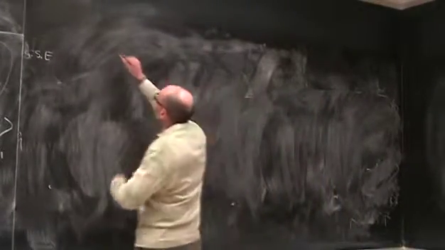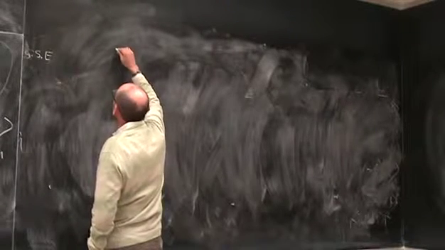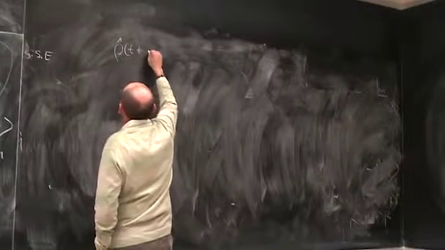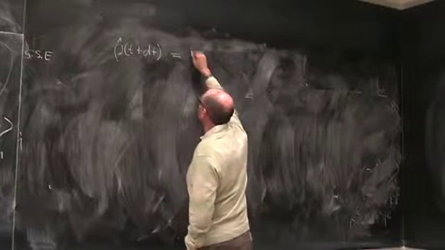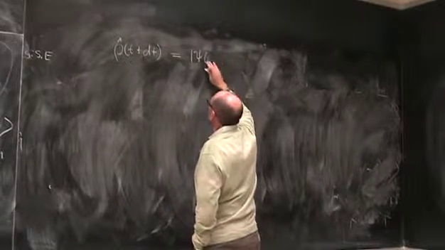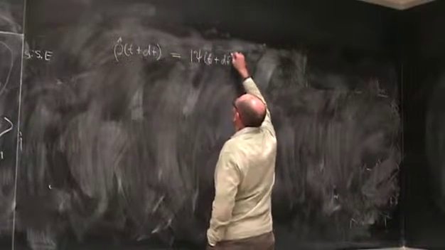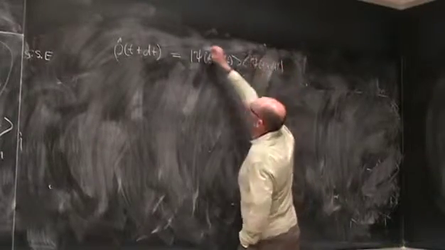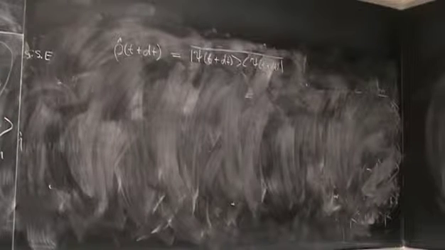So let's see what we got. We have that rho at t plus dt is equal to the ensemble average of all the evolved trajectories, evolved according to that, okay?